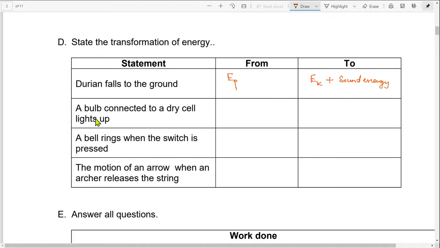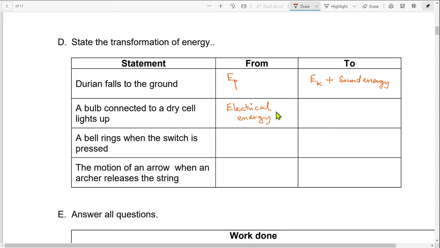Now a bulb connected to a dry cell lights up. So what energy changes do we have? So it must start with the electrical energy. What does this thing do? It lights up a bulb.